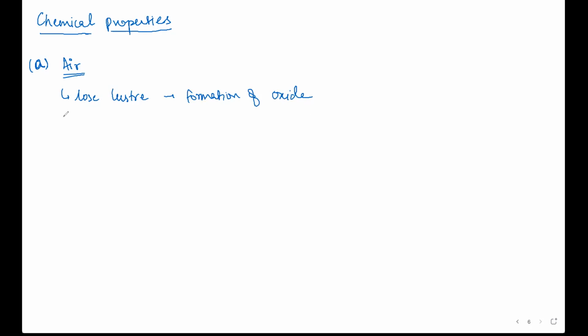This oxide, if there is moisture in the air, so if it is humid like we have in India, can get converted to hydroxides and carbonates. So you have a metal, you have a layer of the oxide, it reacts with H2O, then it forms hydroxides, reacts with carbon dioxide, then it can form carbonates.